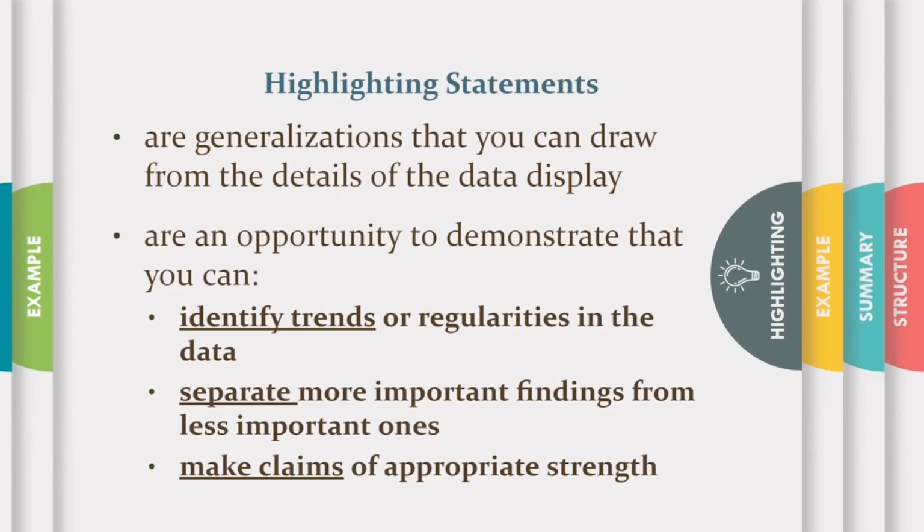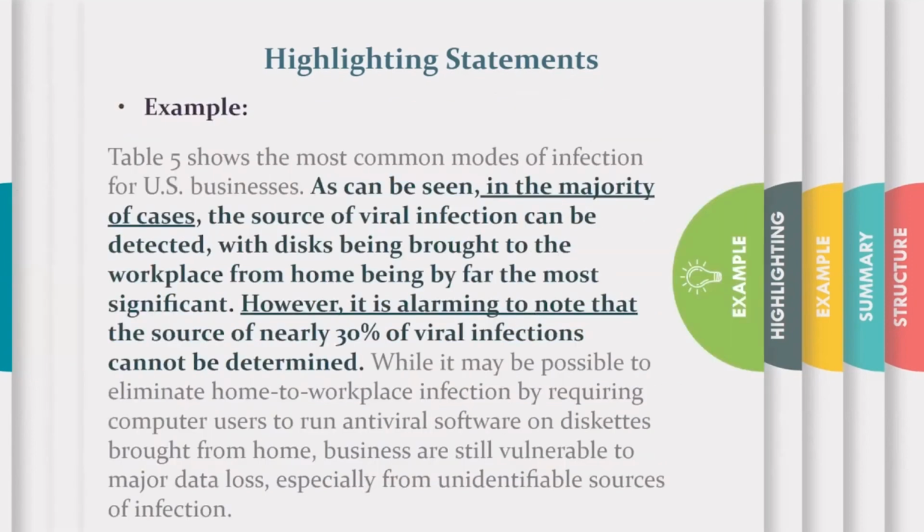Okay, let's have a look at an example. Continuation of the previous sample that I was showing. So the first is the location elements. Table 5 shows that, or how, or without that even I wrote it here, shows the most common modes of infection for US businesses. The next bold marked portion is actually the highlighting statement. So you can see the next sentence talks about what is the majority of the case, right?